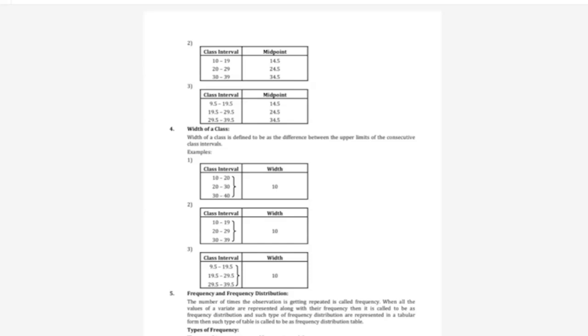The difference between the upper limits of the consecutive class intervals, and in each of the cases, you can see that the width remains one or the same.